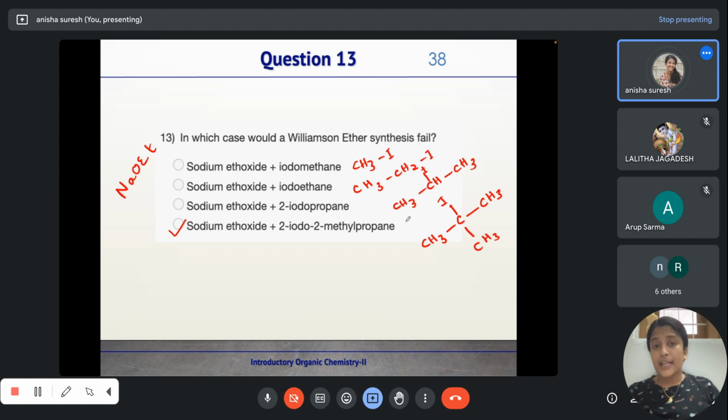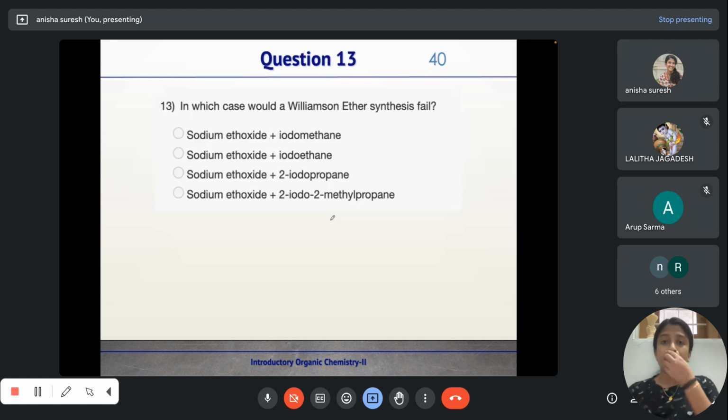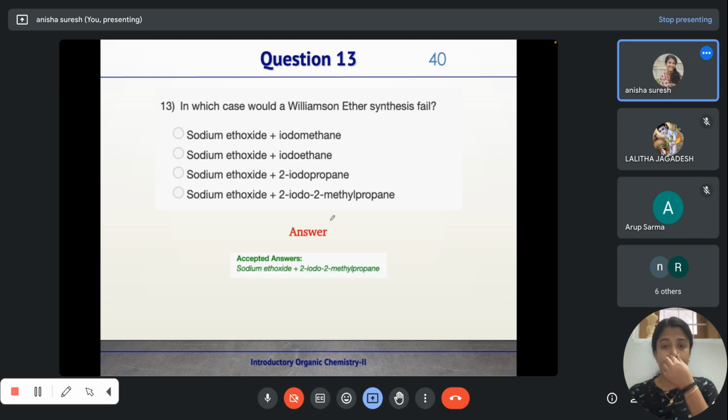Because of that, in this case, this Williamson ether synthesis can fail. Clear? Yes, ma'am. So the correct option for this question 13 was option D.